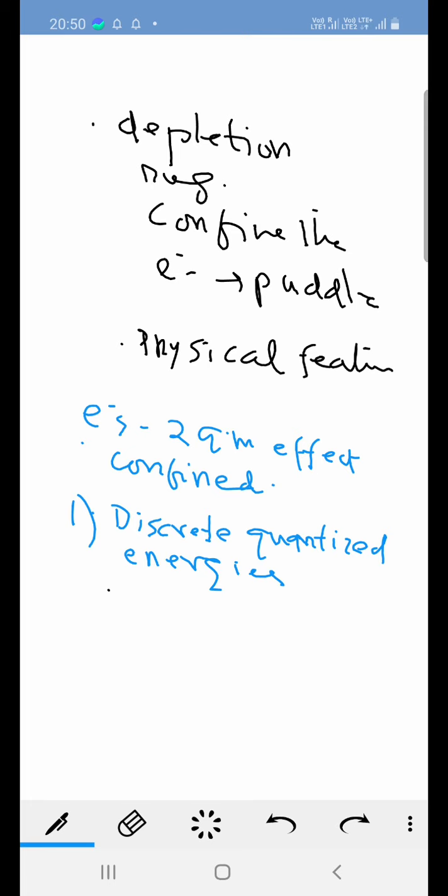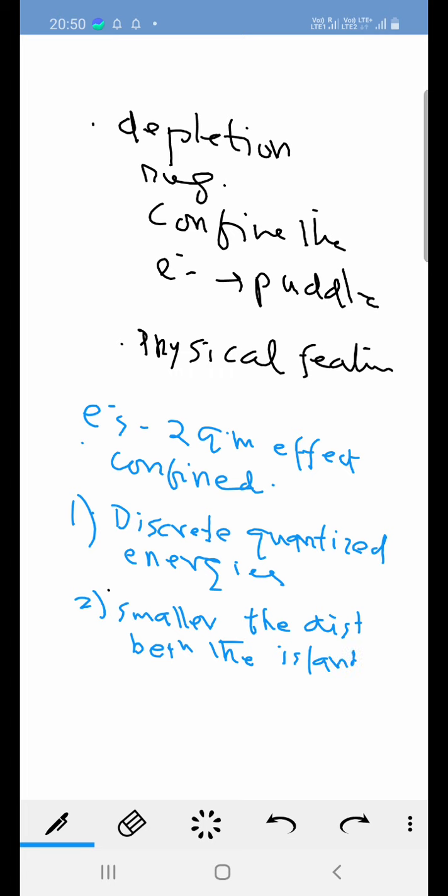And the smaller the distance between the barriers, that is, the smaller the island, the more widely spaced are the energy levels. So the smaller the distance between the barriers, the wider are the energy levels.